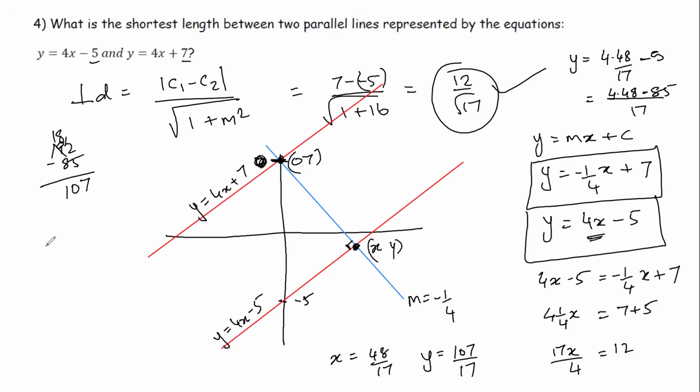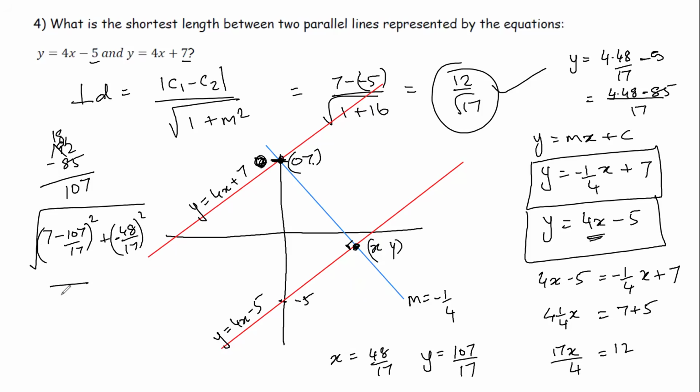And now I'll use the distance formula. So distance is 7 minus 107 by 17, the whole thing squared, plus 0 minus 48 by 17, squared, and under root the whole thing.